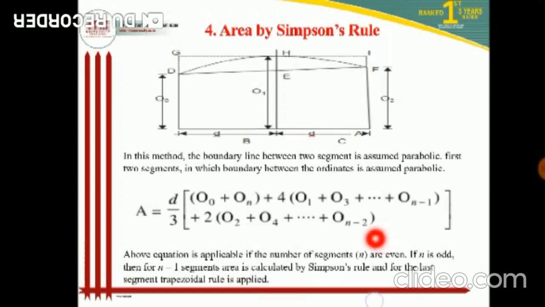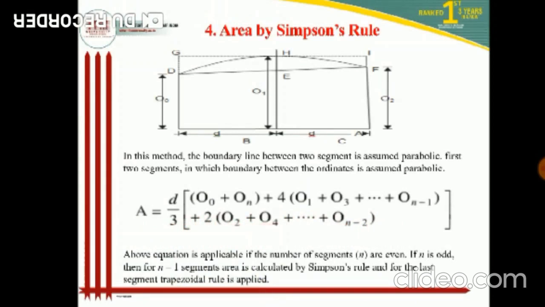Okay, so this method is only applicable then. But if the number of divisions is odd, then for n minus 1 segments the area is calculated by Simpson rule, and for the last segment the trapezoidal rule is applied.